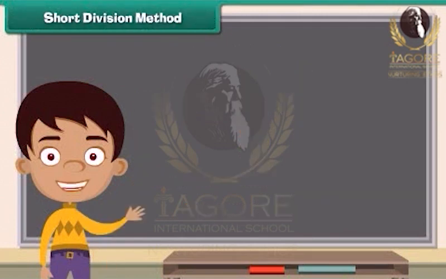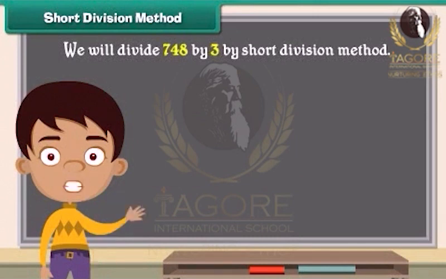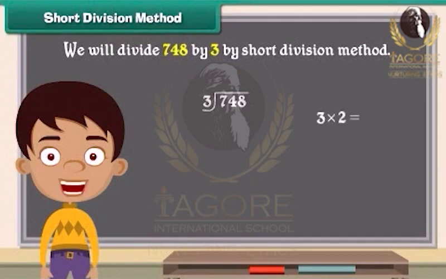Short division method. Now we will divide 748 by 3 by the short division method. Divide the first number in the dividend. 3 twos are 6, and 7 minus 6 is 1. Write 2 above and 1 near 4 to make it 14.